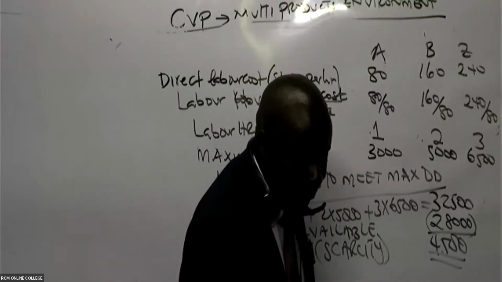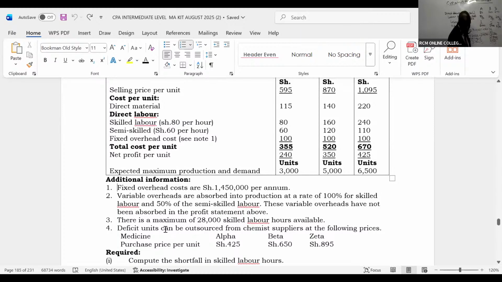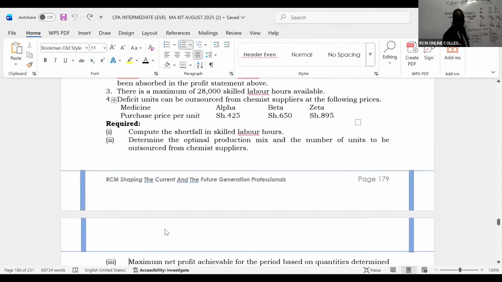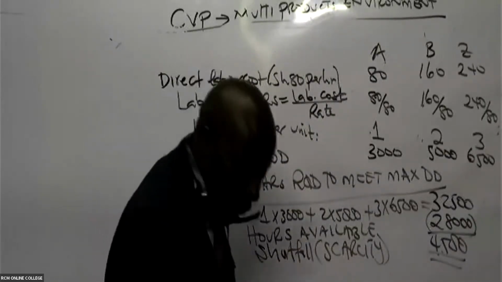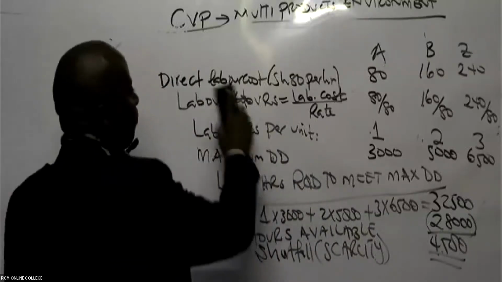Ladies and gentlemen, after you do that, you shall be able to go on and tackle number 2. So number 2, what do they want me to do? After computing the shortfall in these skilled hours, they want us to determine the optimal production mix and the number of units to be outsourced from chemist suppliers. So they want us to give them the optimal production mix in light of scarcity. Here you are scarce, you don't have enough skilled labor hours.